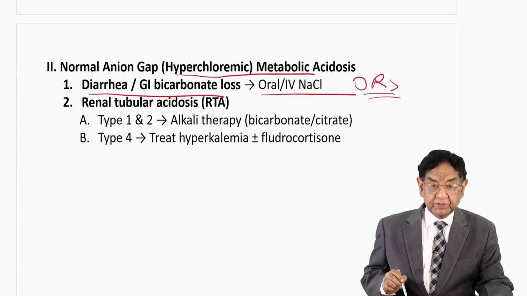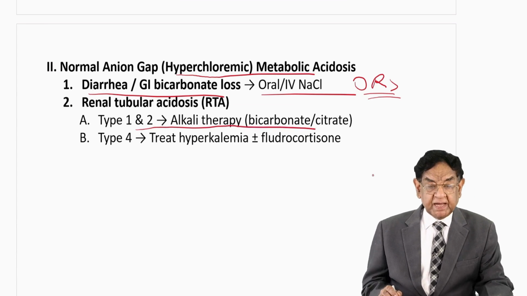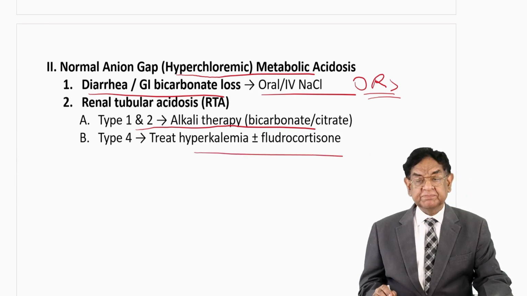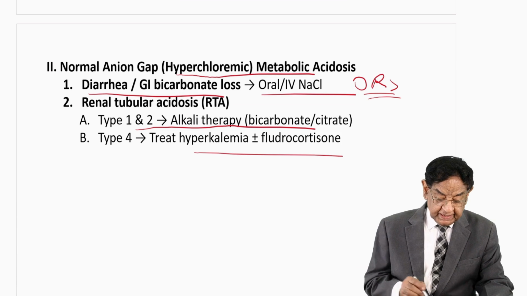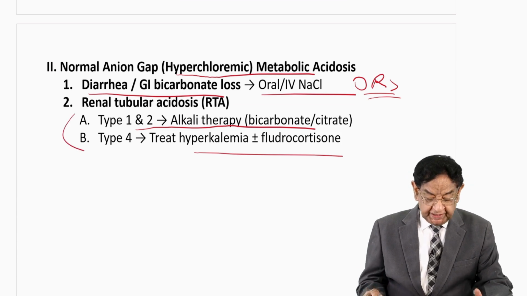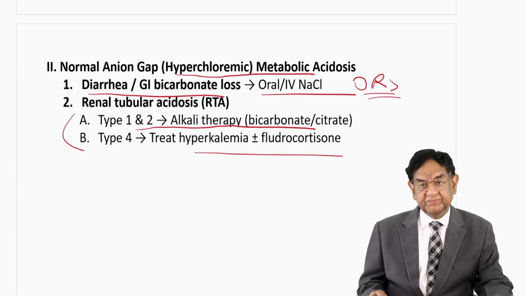In renal tubular acidosis type 1 and 2, alkali therapy: we give bicarbonate or citrate. And in RTA type 4, you treat hyperkalemia, plus or minus fludrocortisone. Again, I have recorded a full lecture on renal tubular acidosis, each type separately. You can see this in my lecture on RTA in Smart Medicine videos.